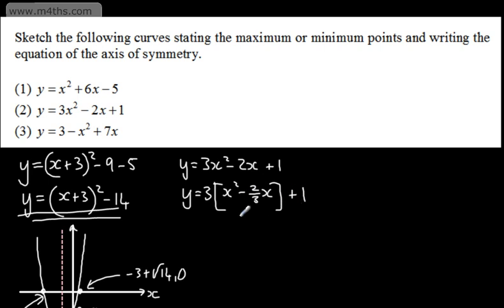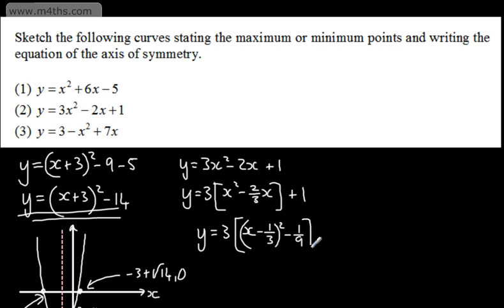So let's complete the square here. What we'll have is y is equal to 3 lots. Completing the square, I take x plus half the coefficient, so that's going to be minus 1/3. We square the bracket and subtract away this number squared, which is going to give me minus 1/9.